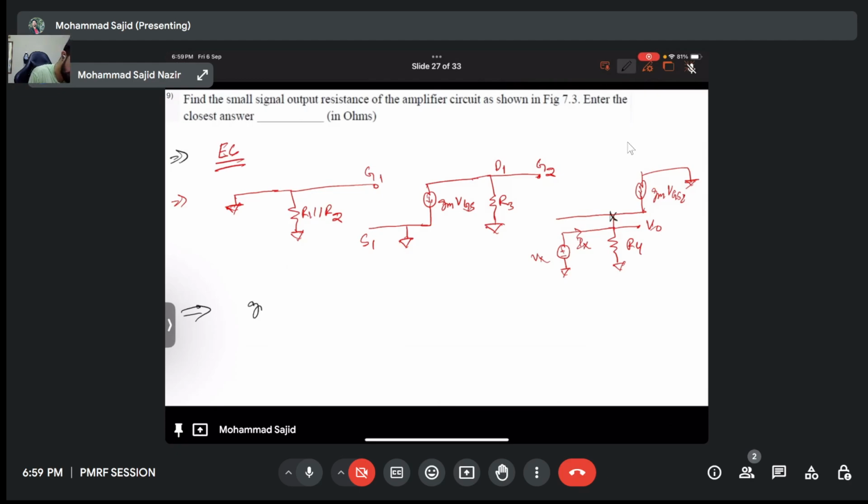So it will have Gm VGS2 plus Ix equal to Vx by R4. Simply, VG2 is 0. So it boils down to minus Gm Vx plus Ix equal to Vx by R4.